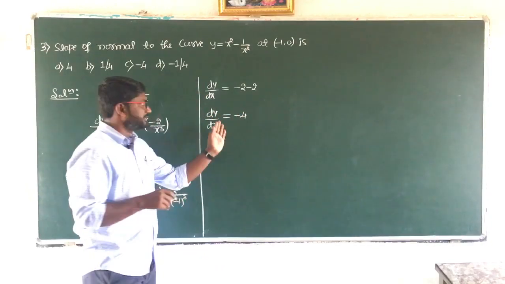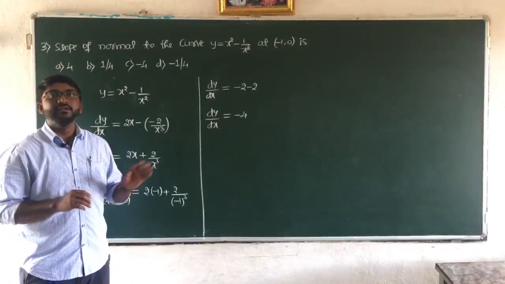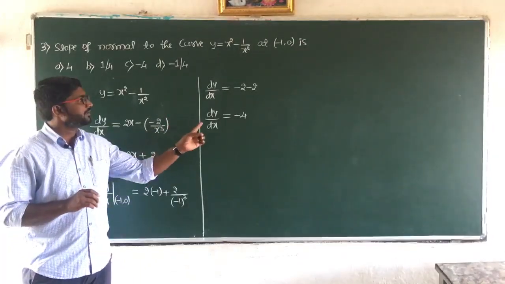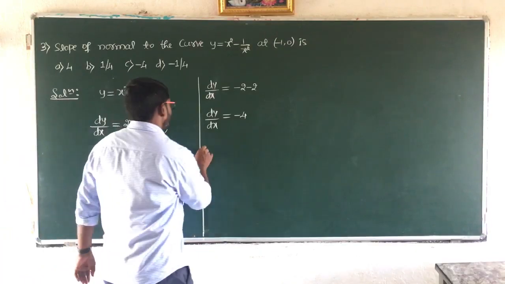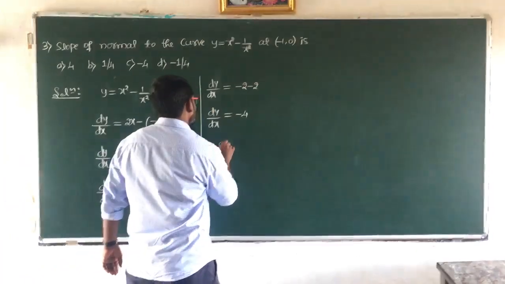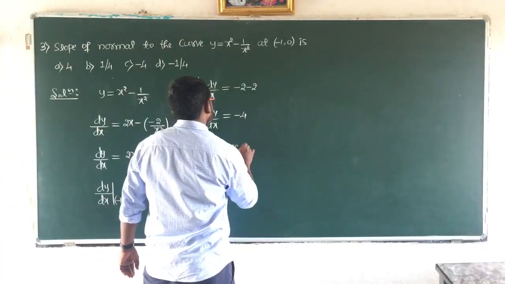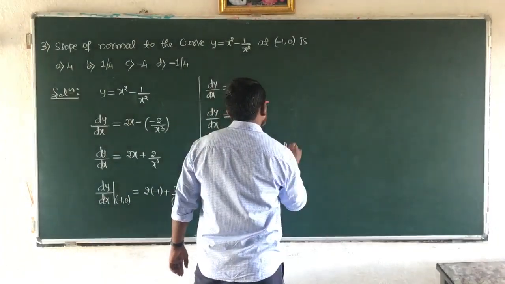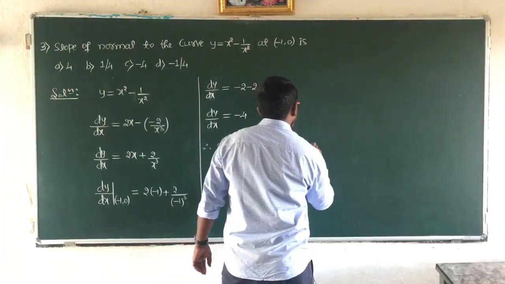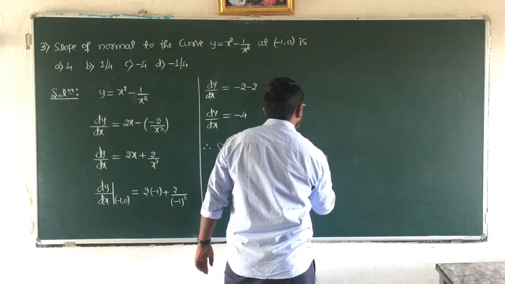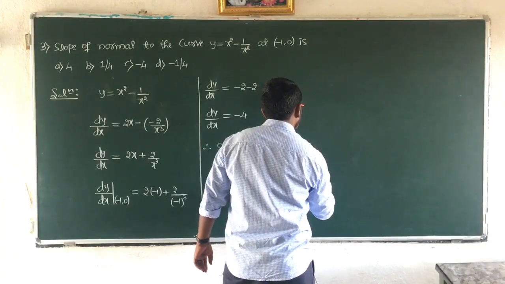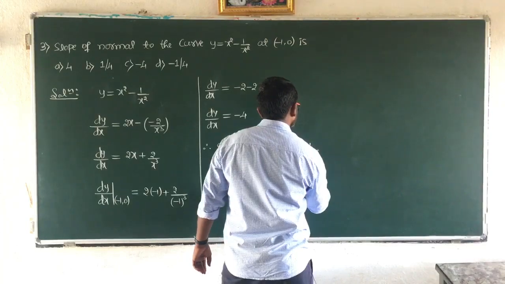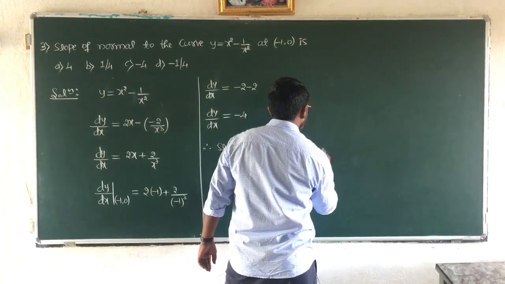What is this now? This is the slope of the tangent. But we have to calculate the slope of the normal. Therefore slope of normal is equal to minus 1 divided by dy by dx.